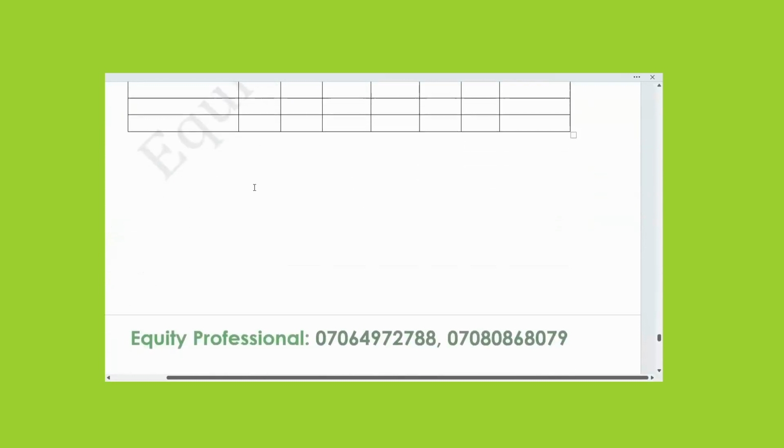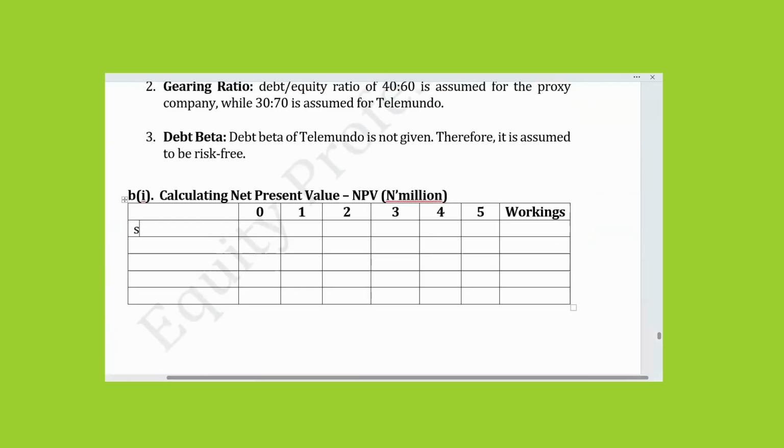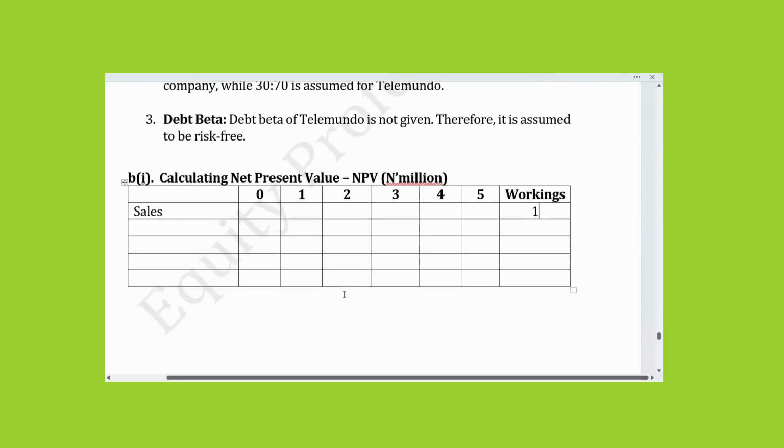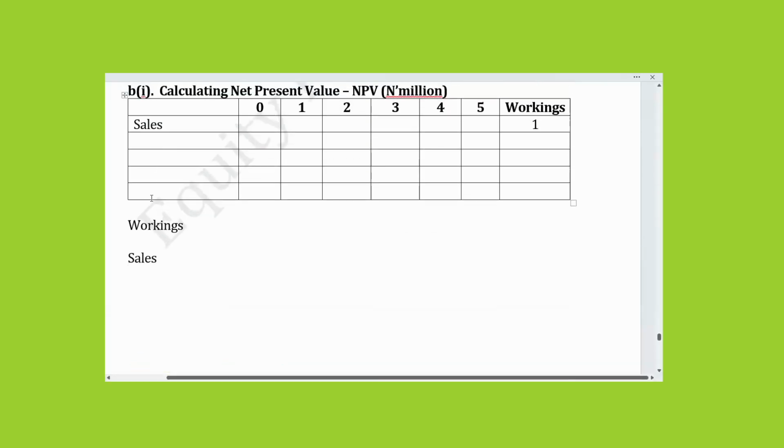All right. I will come here, sales value. I want to calculate sales. I need to go and do my working for sales. Okay, let me start my working from here. Workings. Working number one. I want to calculate sales. Okay, how do I get my sales? Let me copy this. 5 years.